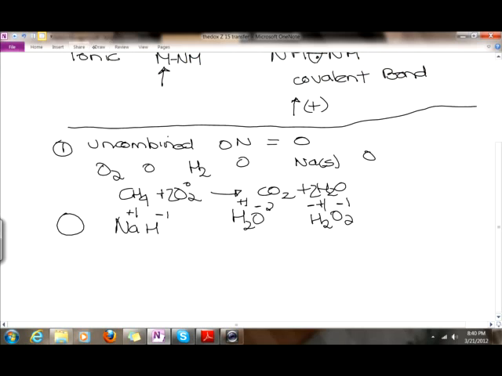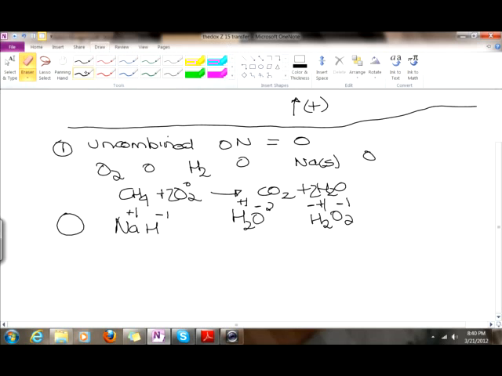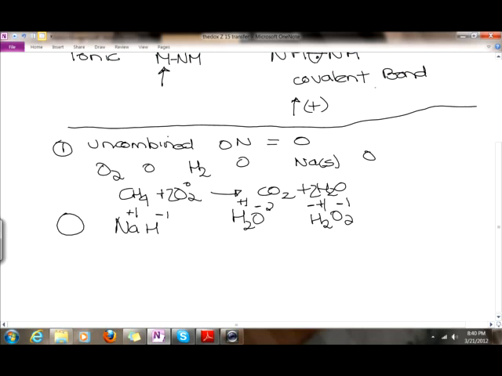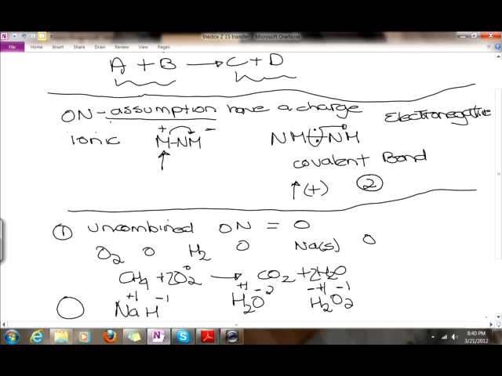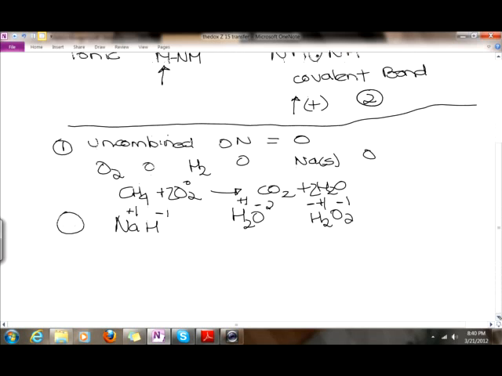Not really skipped. I put it here: rule number 2. The more electronegative element on the right would be negative, and the less electronegative element on the left would be positive, and it's usually on the left.